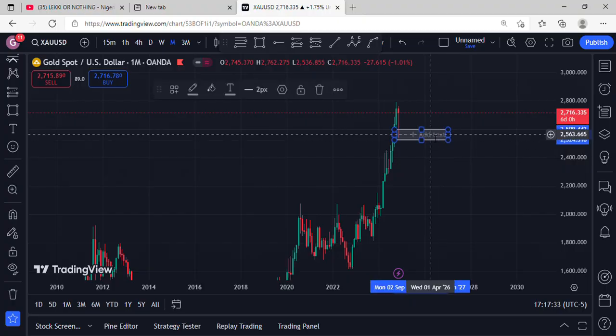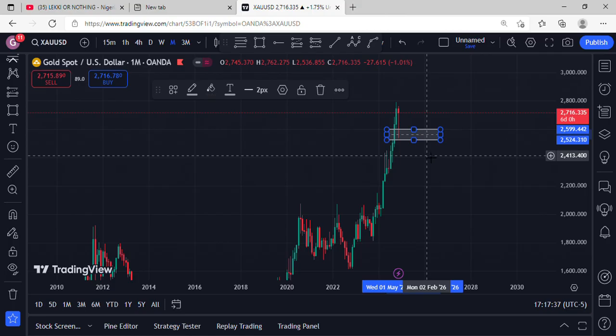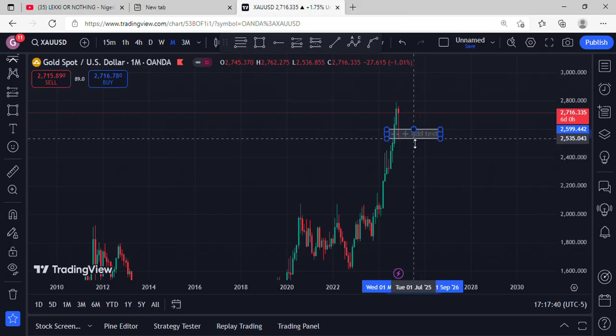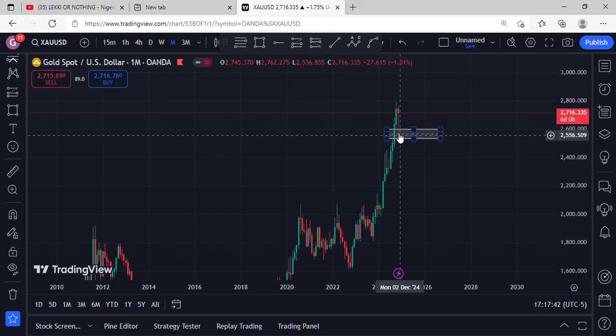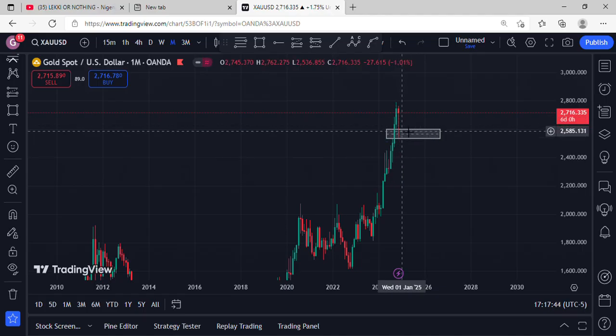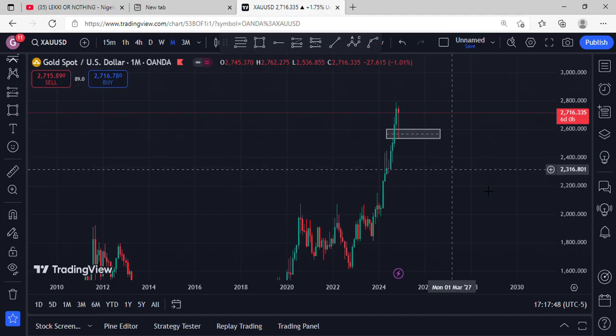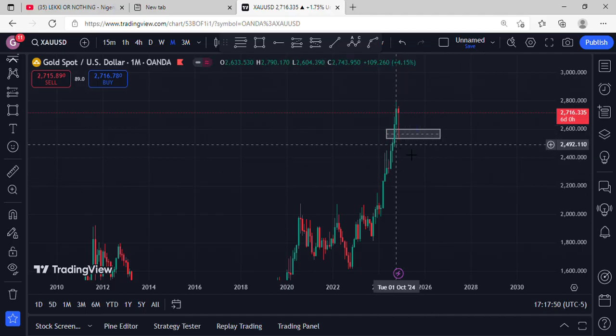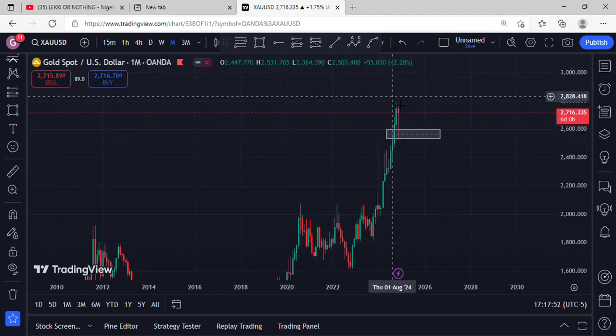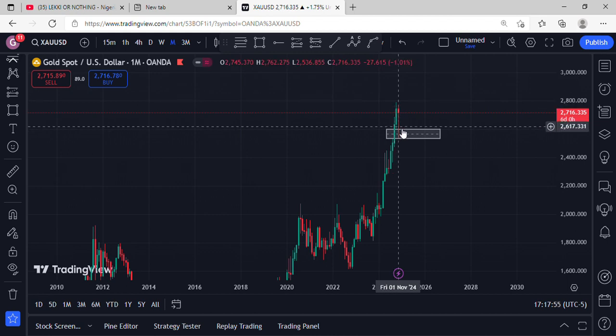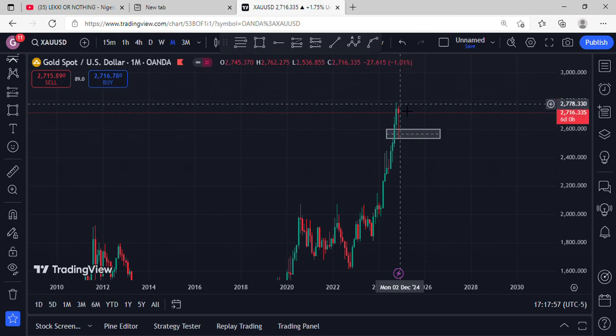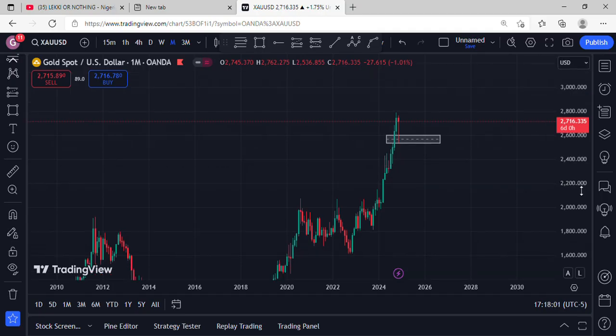We have this monthly fair value gap, which we would like to see support price, and then indeed it has. See how it has pushed price up. So from this monthly fair value gap, it's evidence that we'll be moving up. So internal to external range liquidity, simple as that. And then you define your bias.